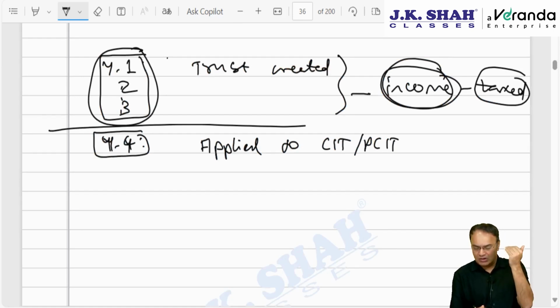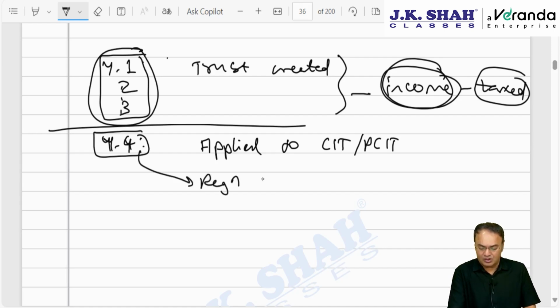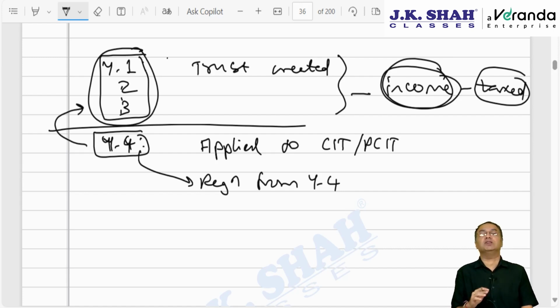Answer: yes. There was one provision which Nirmala Sitharamanji already deleted 3 years back. There was one provision where registration will be from year 4. Registration will be granted from year 4, but exceptionally exemption could be allowed from year 3, or at the max from years 2 and 3.